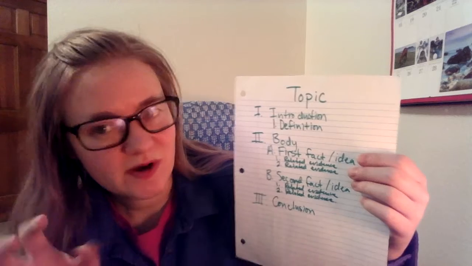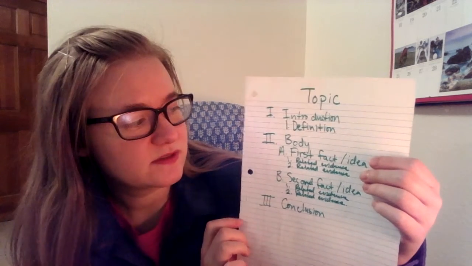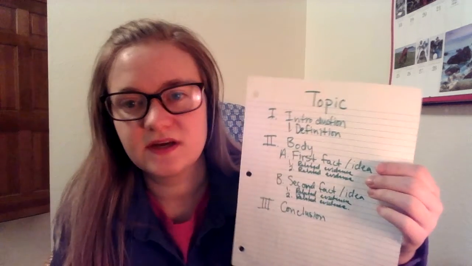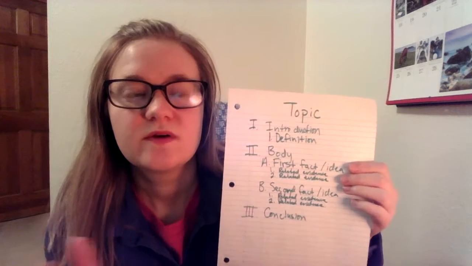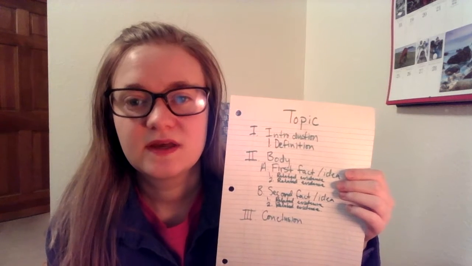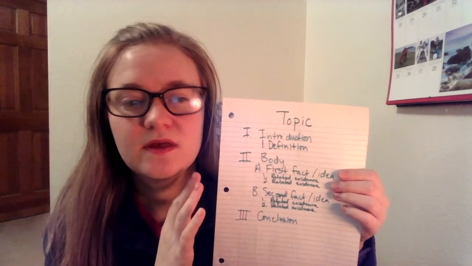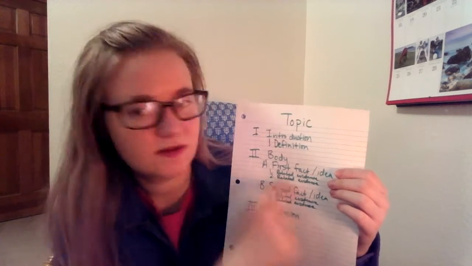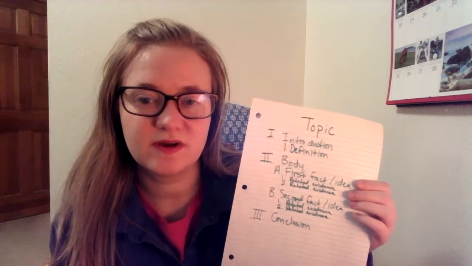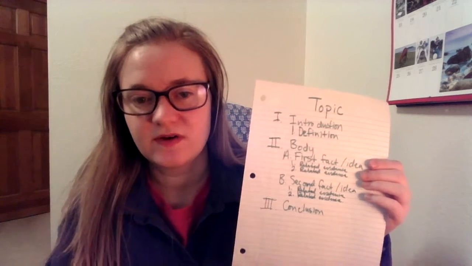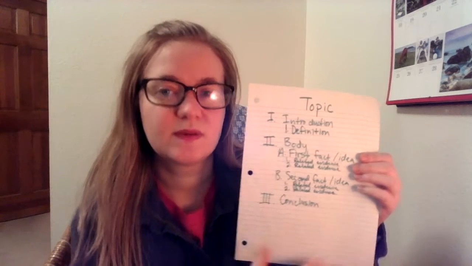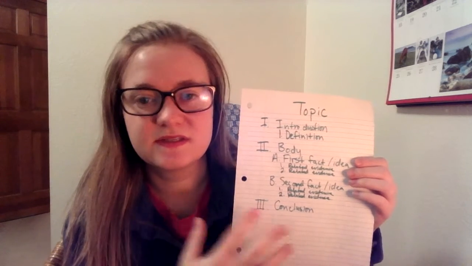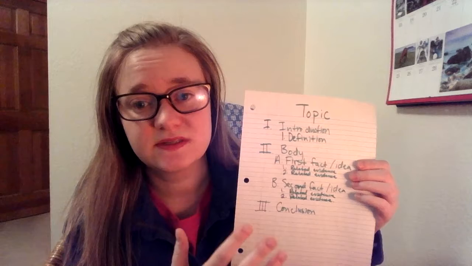And then as the body here, as your points, what is your first fact or idea about a utopia? So for example, one of those would be like perfect environment. And then you would write the evidence here for what a perfect environment looks like. Then you would have a second fact until you have all your facts, and then the conclusion. Basically just write a sentence that kind of sums up what a utopia is again.